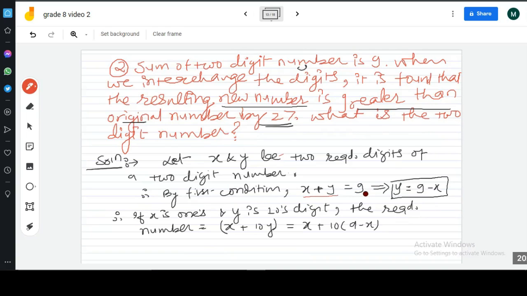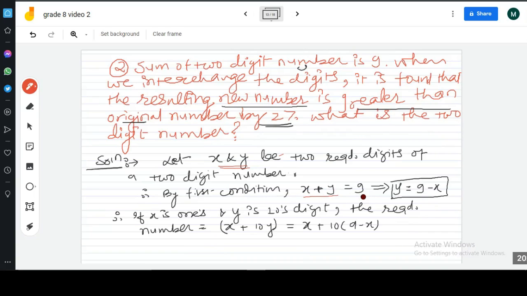So why is this condition given? This condition is given to convert y in terms of x or x in terms of y, because we need a linear equation in only one variable, not in two variables, right? So even if we consider two variables x and y as the two digits of a given number, the one condition is given to convert the second variable in terms of the first variable only, right?